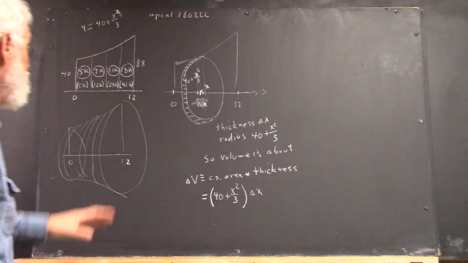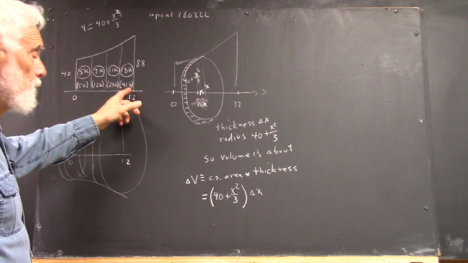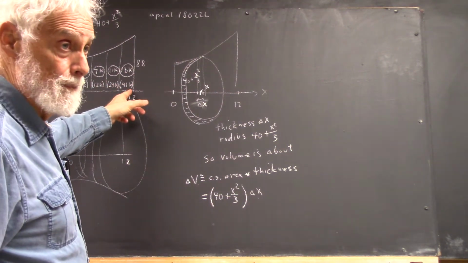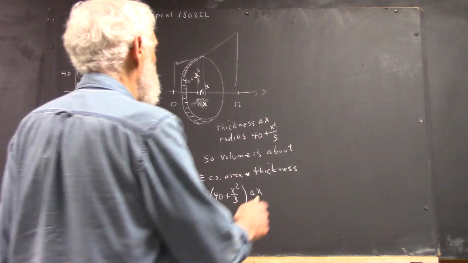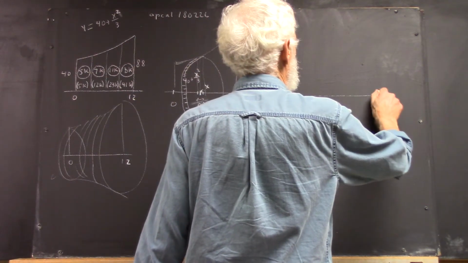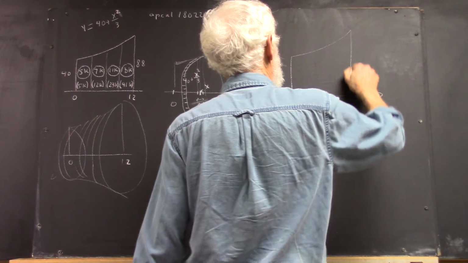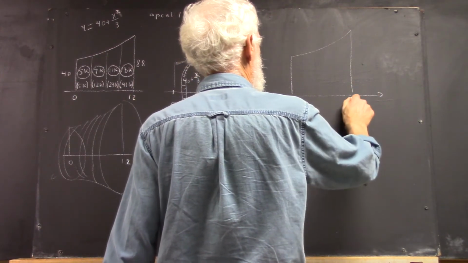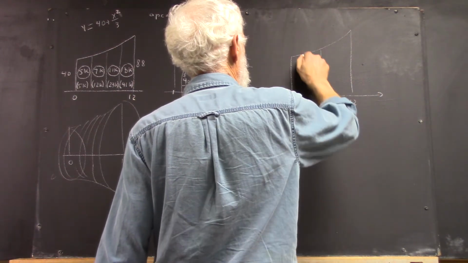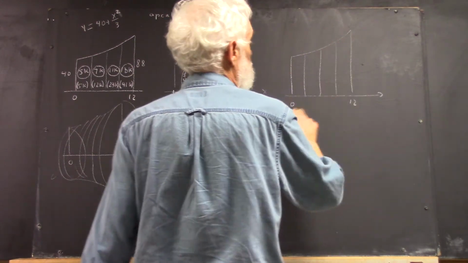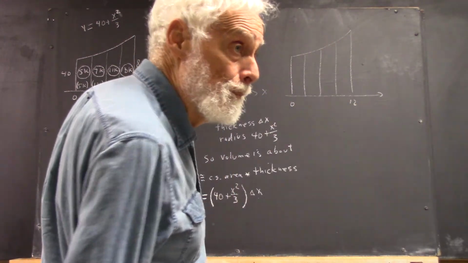Now, if I just use this 4 trapezoid approximation, what I have is 4 trapezoids, each of width 3, because 12 divided by 4 is 3.